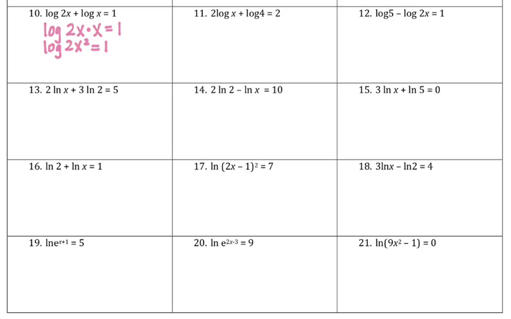So now that I've used my properties, how do I rewrite this as an exponential? What's the base? 10 to the first equals 2x squared. I have 2 steps left. 10 to the first is just what? Okay.